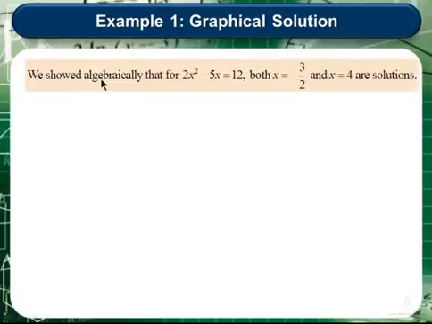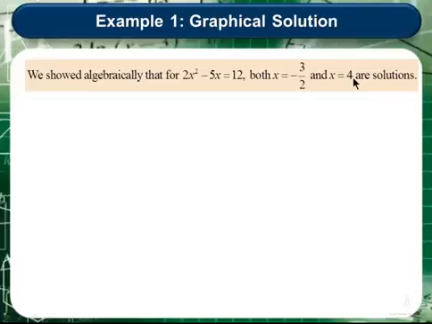Let us now also look at the graphical interpretation of the solution for example 1 that we have considered. We have shown algebraically that the solution for this particular quadratic equation is given by x is equal to minus 3 over 2 and also by x is equal to 4.